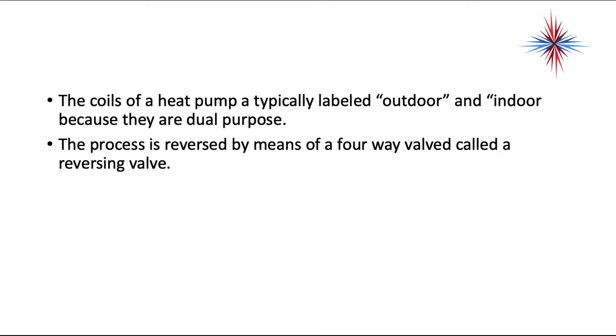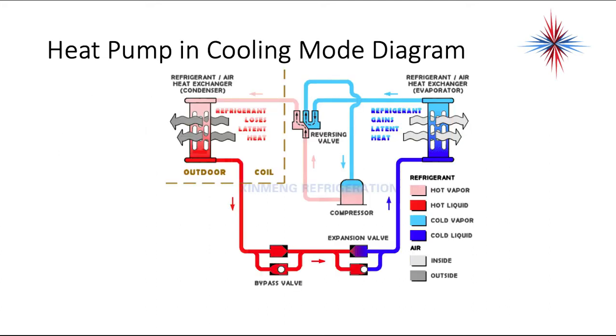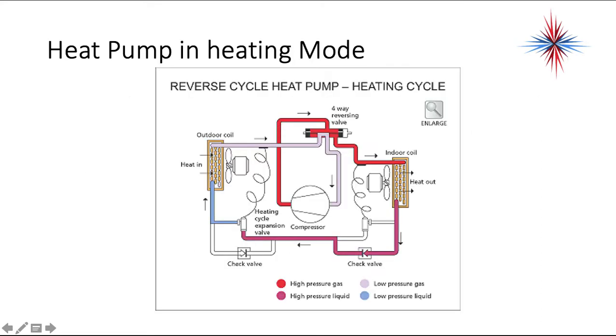The process is reversed by means of a four-way valve called the reversing valve. If I go back here, you see how this is now in the cooling mode. Discharge to the left. The suction from the compressor does a U basically in the center. Okay, so now this is a heat pump in the heating mode.